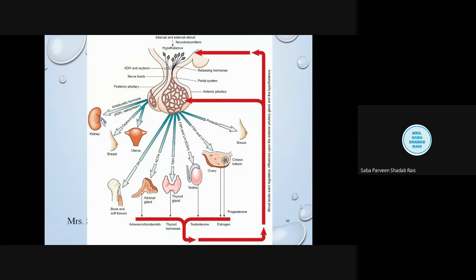Thereafter, we discussed growth hormone in detail just now. Then adrenocorticotropic hormone, which functions on the adrenal gland. And next was TSH, thyroid stimulating hormone, which stimulates the thyroid gland to produce the thyroid hormone. Thereafter, we discussed FSH and LH, the follicle stimulating hormone and the luteinizing hormone, which act on the gonads and help in production of the gametes.